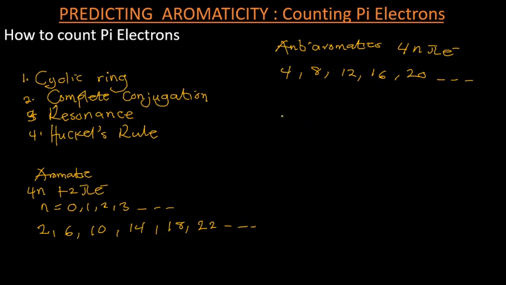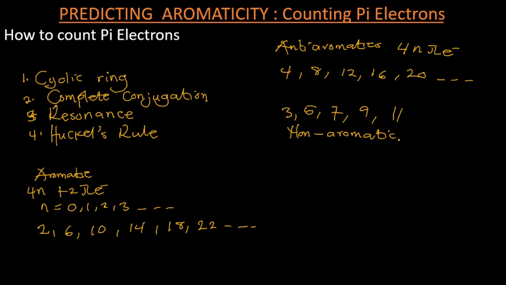But if we're talking about odd numbers like 3, 5, 7, 9, 11, odd numbers of pi electrons present in the compound, that is telling us that that compound probably is a non-aromatic compound.